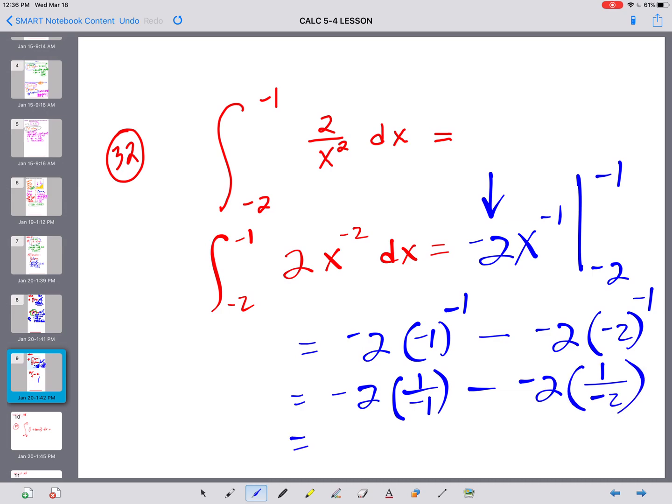Here's what we got. Negative over negative, that's going to be a positive. That's a positive 2. Minus negative over negative, that's a positive, 2 over 2 is 1. There we go. Our answer turns out to just be 1. That was going over homework, page 303, problems 27, 29, 30, 31, and 32.